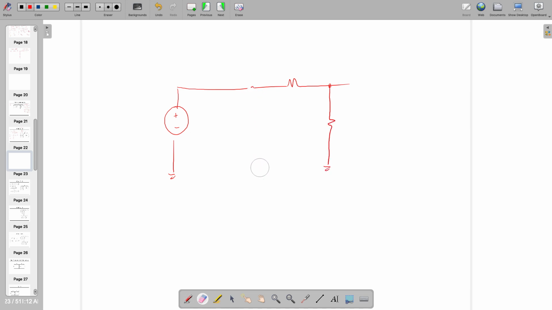So if this is R1 and this is R2 and this is V out, this is V in, what will be V out in terms of V in? Yes, yeah. Who is designing PCB for design practical?